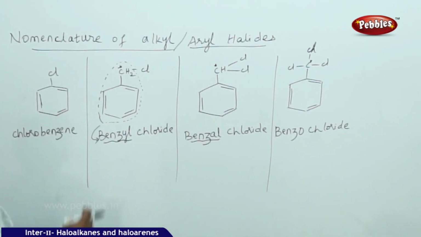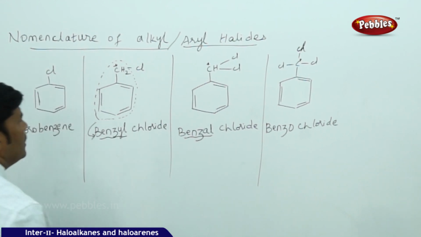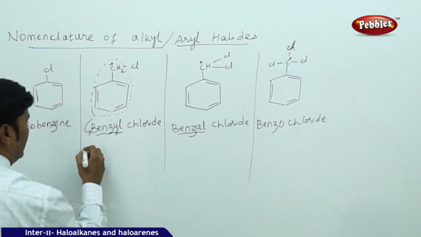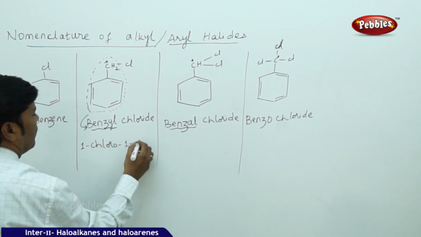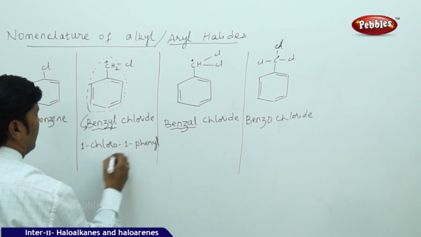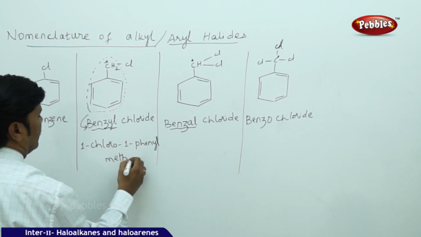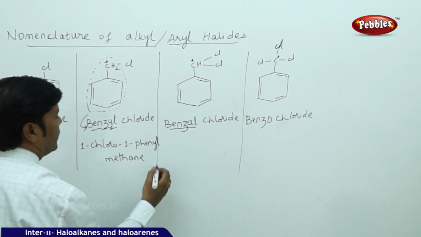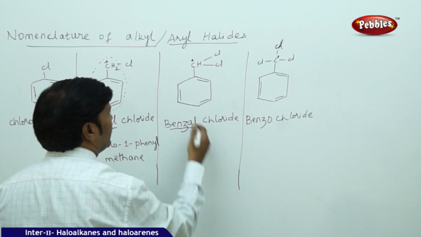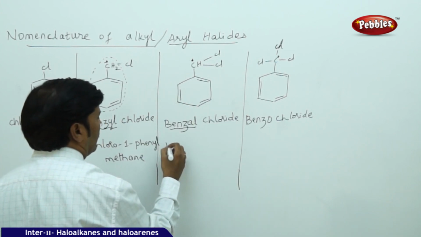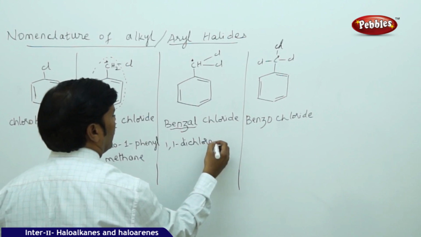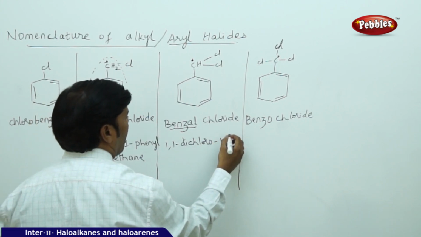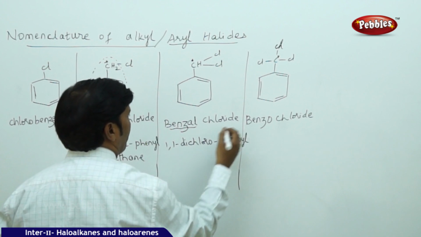If at all you want to write the IUPAC name, then you can just take it as 1-chloro-1-phenylmethane. Here also we can do the same thing. This is 1,1-dichloro-1-phenylmethane.